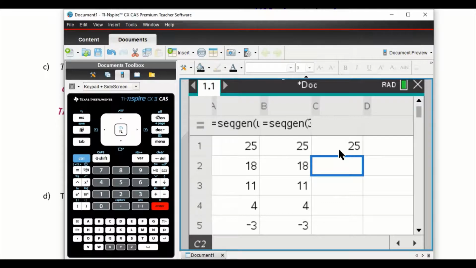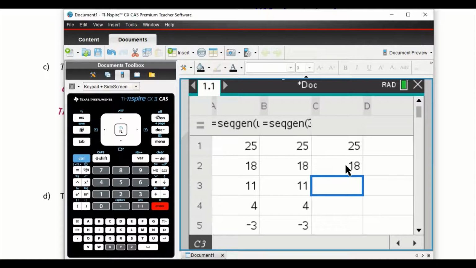So how do you get the second term? It is equal to your first term, which is 25. So you need to check where 25 is. You can go to 25 and you'll see that it is C1, the cell in column C and row 1. So in this case, it will be equal to C1 minus 7. Then just press enter, and you will get it as well.